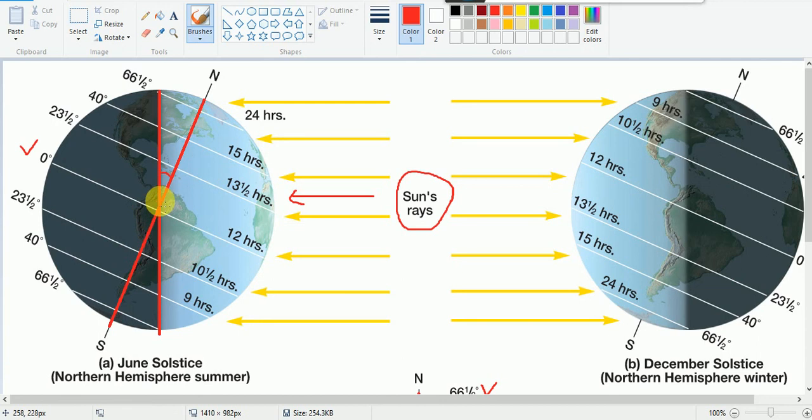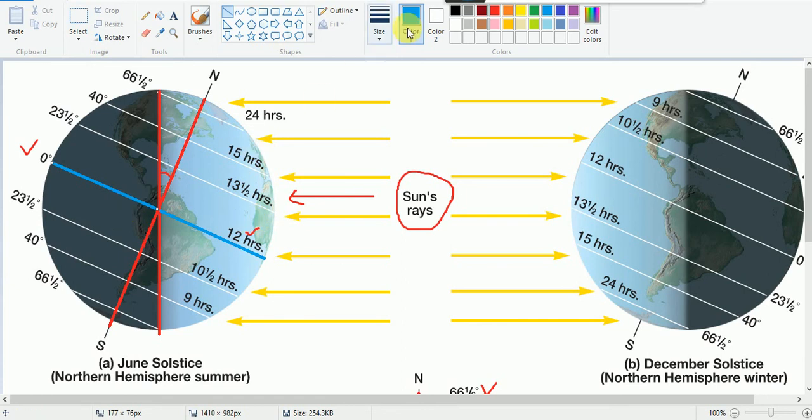So along the equator there will be equal daytime and nighttime, 12 hours. See here, along the equator we have the daytime on this side, and here we have the nighttime, that is 12 hours.